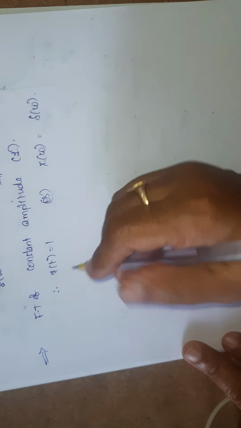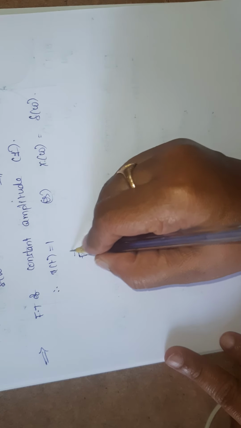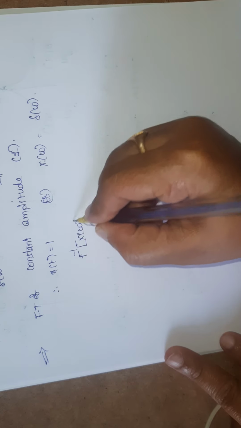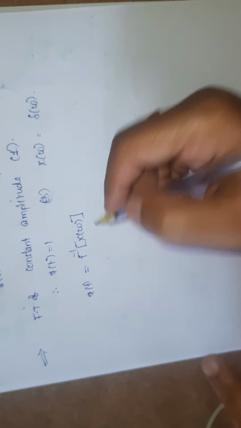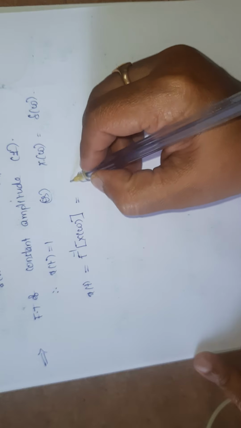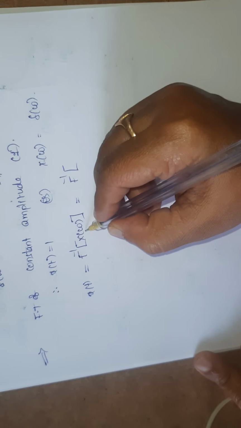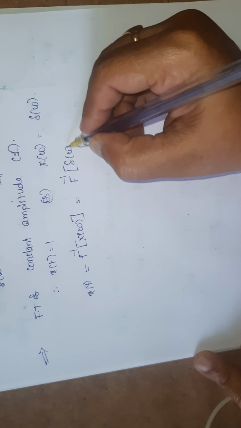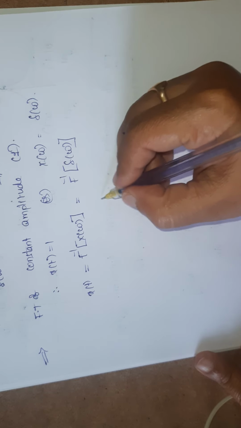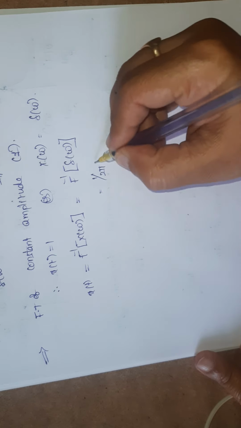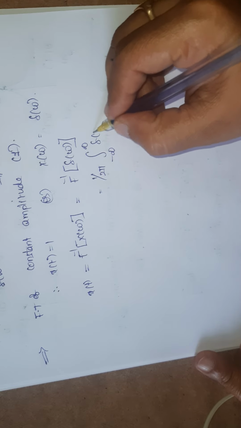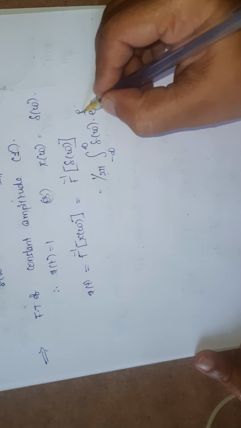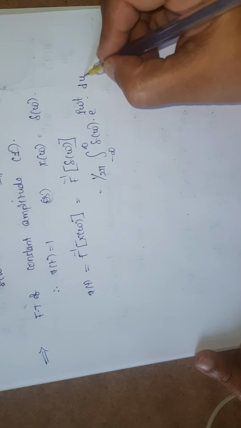We have to do the inverse Fourier transform. So the inverse Fourier transform of x of omega, which is del of omega. I will write the formula: 1 by 2 pi, integration from minus infinity to infinity, x of omega, which is nothing but del of omega into e power j omega t into d omega.